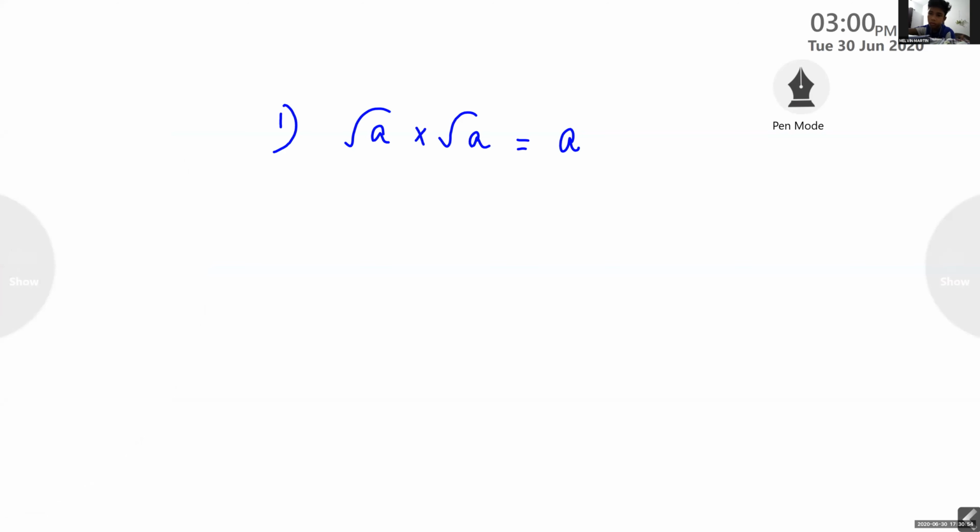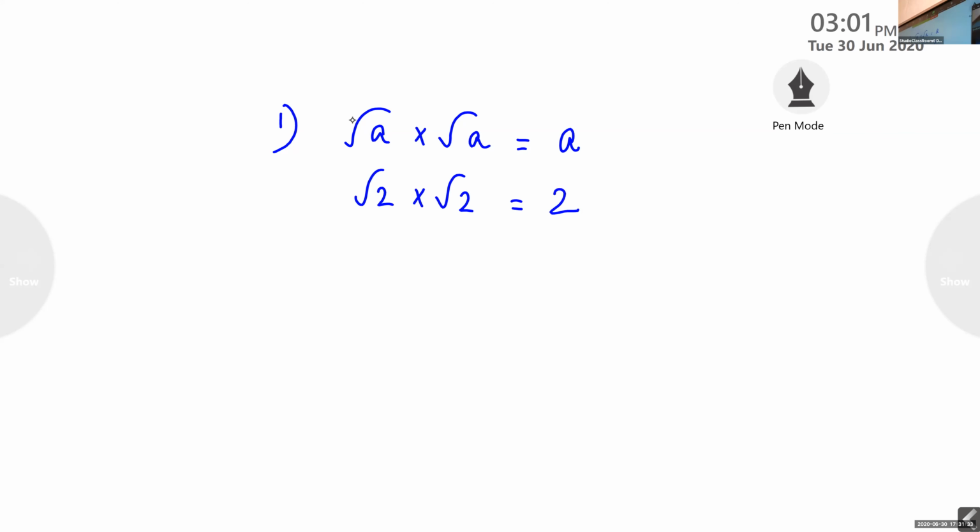Can anybody tell an example of this? I have written variables. Instead of a variable, can you substitute a normal number? Root 2 into root 2 is equal to, very good Melvin, 2.